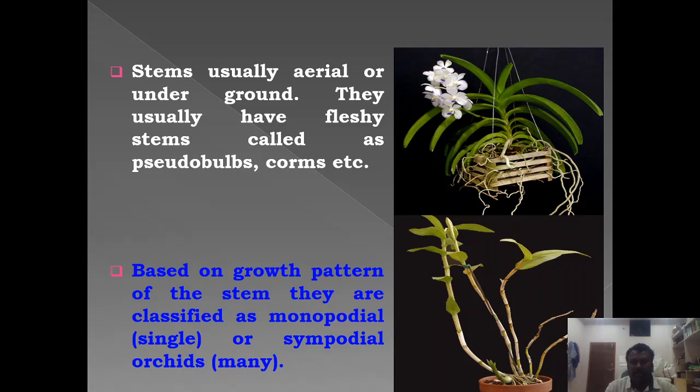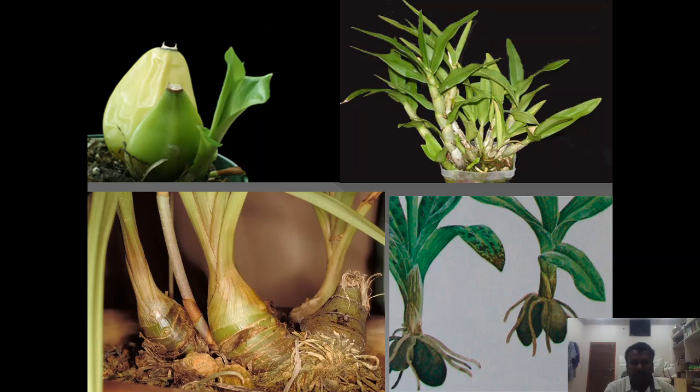They usually have fleshy stems called pseudobulbs or corms, etc. Based on the growth pattern of the stem, they are classified as monopodial branching or sympodial branching. Now you can see these succulent stems. Here is the tuberous one.